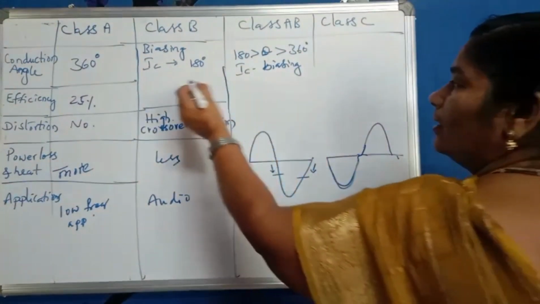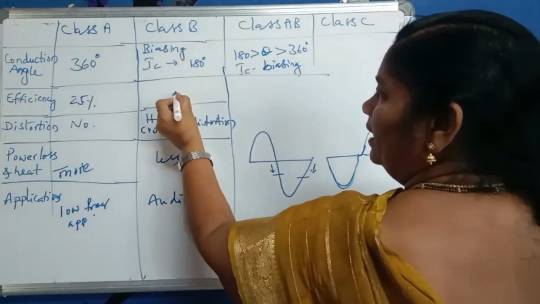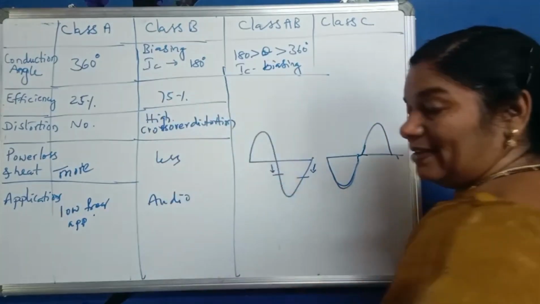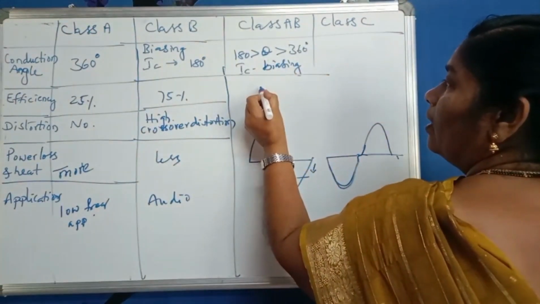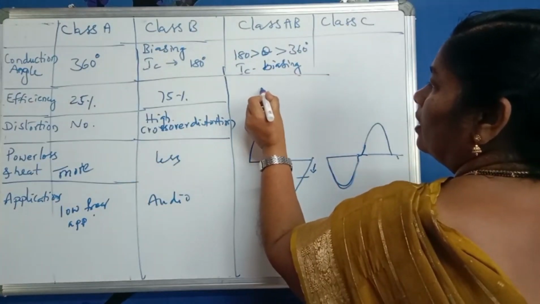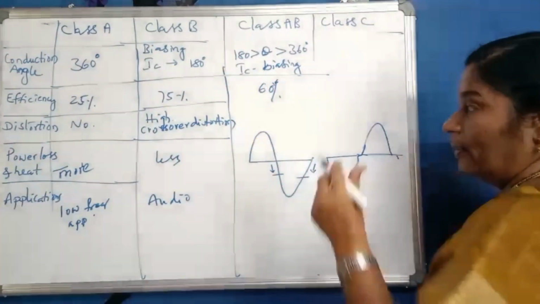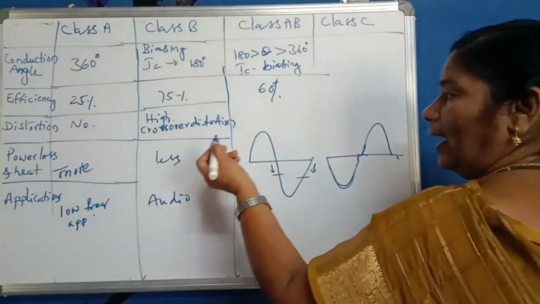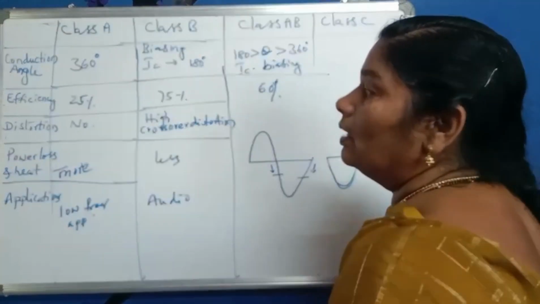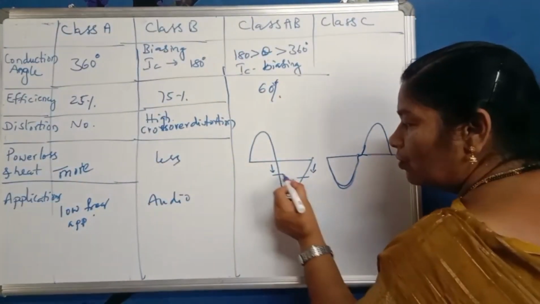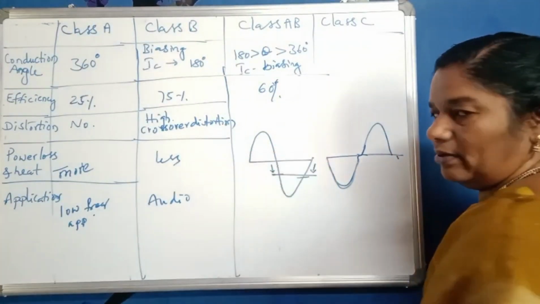Okay, so here you can observe the efficiency. For class B, nearly 75% efficiency will be there, but for class AB we get nearly 60% efficiency. It has a distortion to some extent, but the distortion is less than that of the class B power amplifier, because we are losing only a part of the negative half cycle, not the complete negative half cycle.